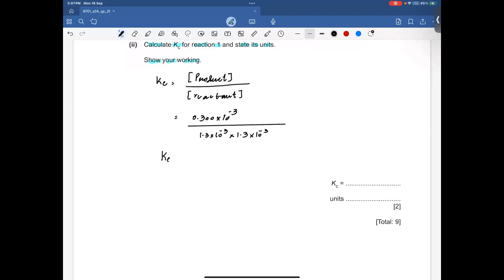So the value of Kc for this is going to be, hold on, 1.3 exponent minus 3 into 1.3 exponent minus 3 is going to be this. 0.300 exponent minus 3 divided by answer, you will get 177.5. So 177.5 is my answer.